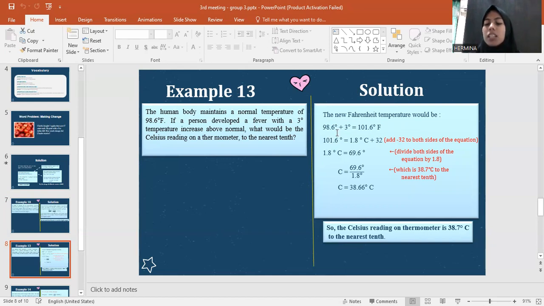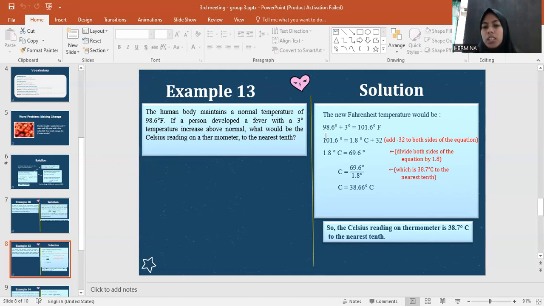101.6 degrees, we got it from here, is equal to 1.8 degrees Celsius plus 32. So next, we subtract 32 from both sides of the equation.